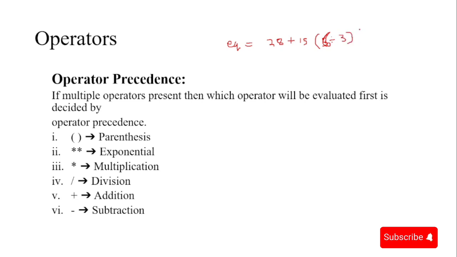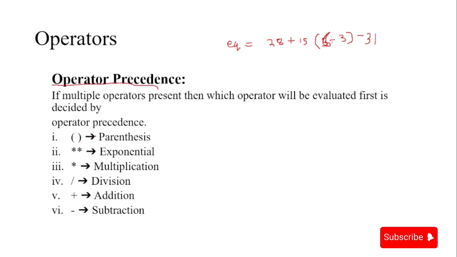Then here we have, let's say, minus 31. So there's an order that is followed to solve this kind of equation. That is where we use the operator precedence.